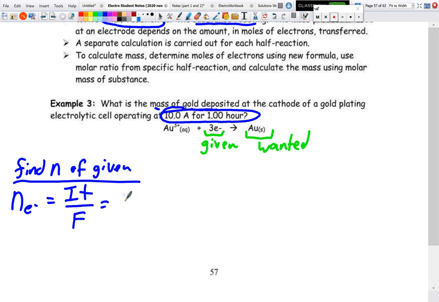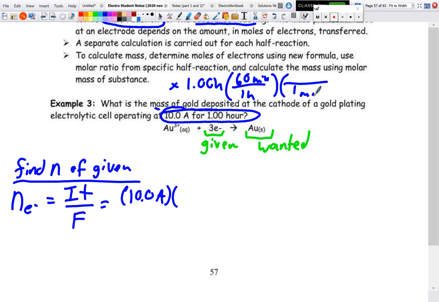Our current is 10.0 amps. Our time is 1.00 hours. We do our conversion factors. In every 1 hour there are 60 minutes, and in every 1 minute there are 60 seconds.